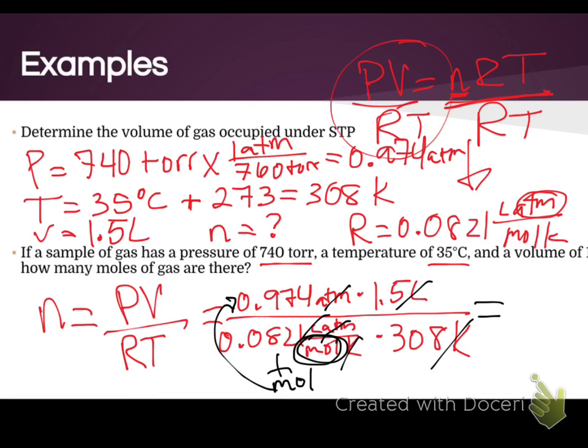All right, so we get 0.974 times 1.5, and so that's 1.46 divided by the bottom, which is a total of 0.0577 moles. We have two significant digits, so I'm just going to write 0.058 moles.